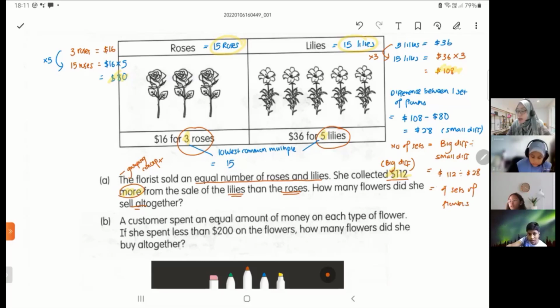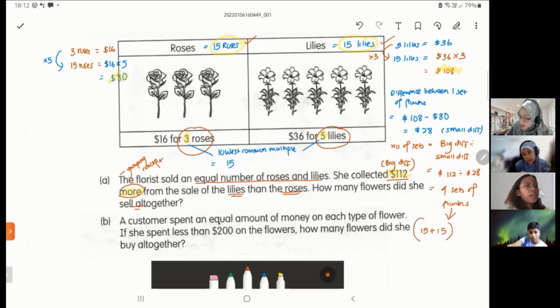Now the number of flowers sold: I know I will have 4 sets of flowers. The lilies and roses are 15 and 15, right? So 15 plus 15, answer times 4, because this is roses, this is lily, and there are 4 sets.